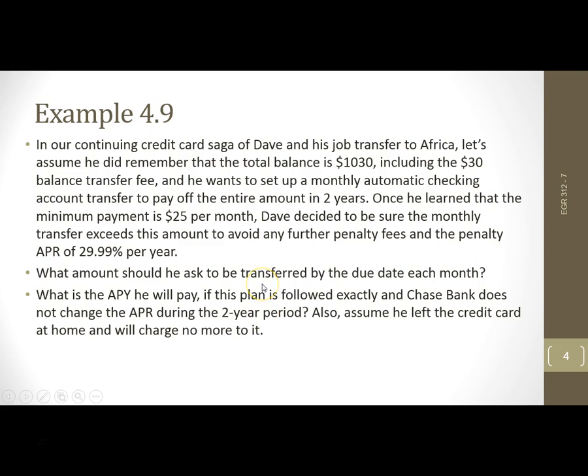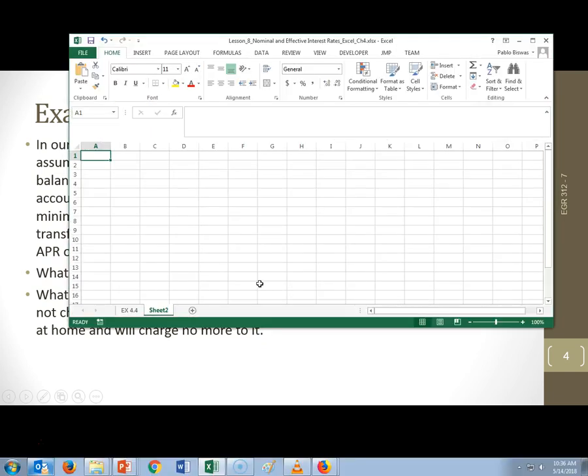Okay, so let's open Excel again and go one at a time. First of all, he is going to pay off over a 2-year period, so every month he will be paying. We need to find the total number of periods as he will be paying monthly. In this case, n equals what? 2 times 12, 2 years and 12 months, which is 24.